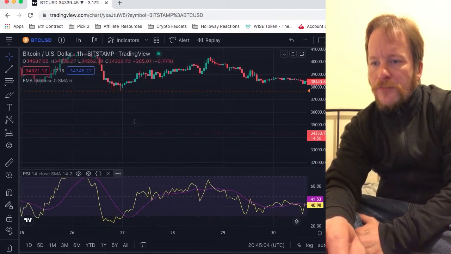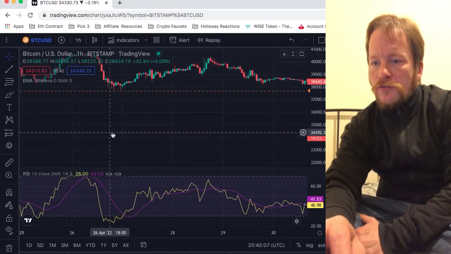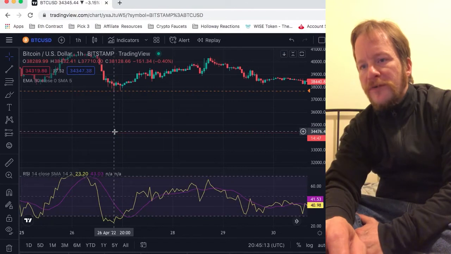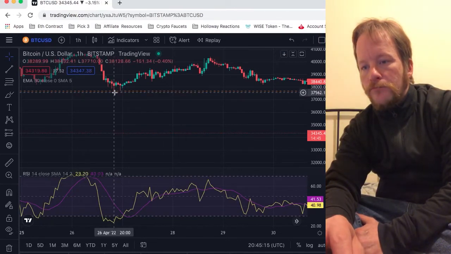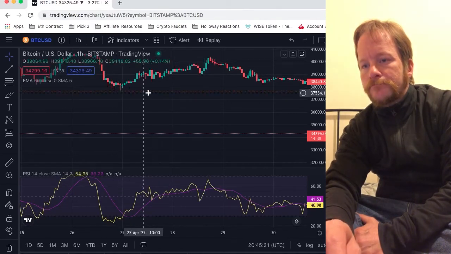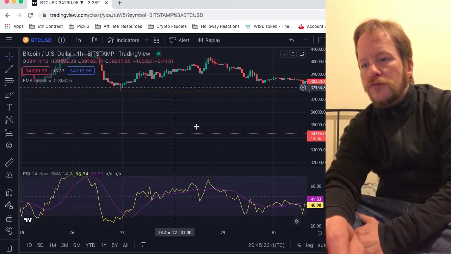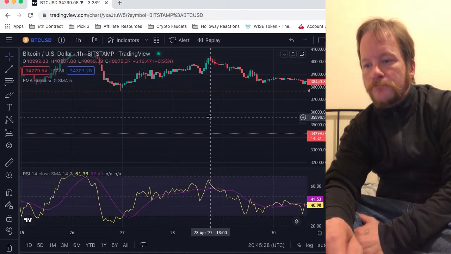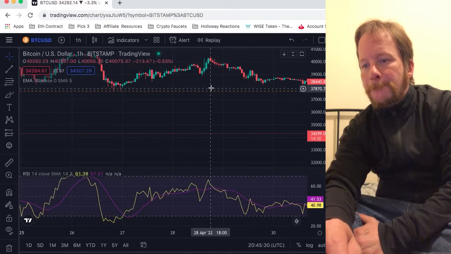So right down here on the bottom, on April 26th, would have been a time that I would have got in. Then I would have ridden it out, and you wait for the RSI to reach the top, or as close to the top as it can be.